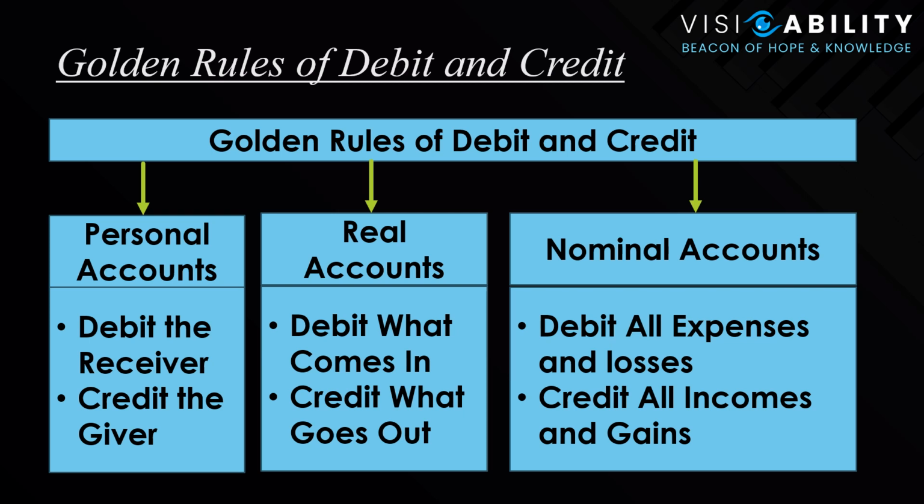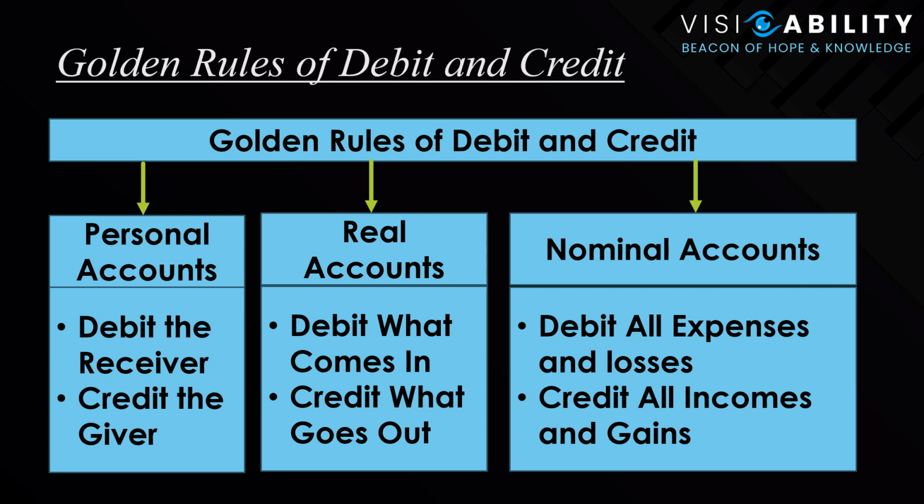But if you are receiving the rent, it becomes your income, and in case it's your income, it is credited. In case it's your expense, it's debited. So all the expenses and losses are always on the debit side, and all the incomes and gains are always credited.